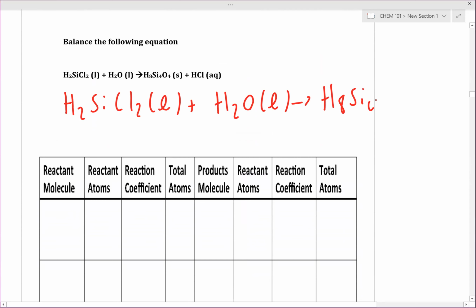This equation is a little bit more complicated, but you can balance it using similar principles to what we've already covered. So let's take a moment. At the very least, I want you to have an atom count for each of your formulas. If you don't want to use the table method, you can just cross out the table and do your atom count however you prefer. I just want to see that you're comfortable balancing a little bit more complicated equations.